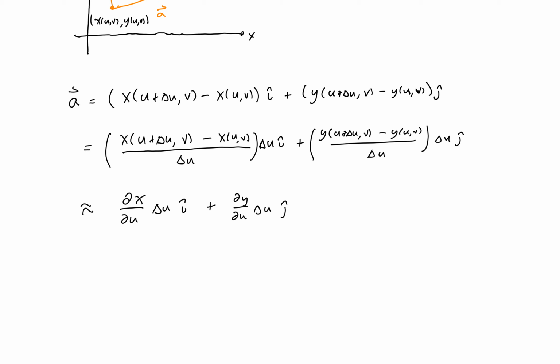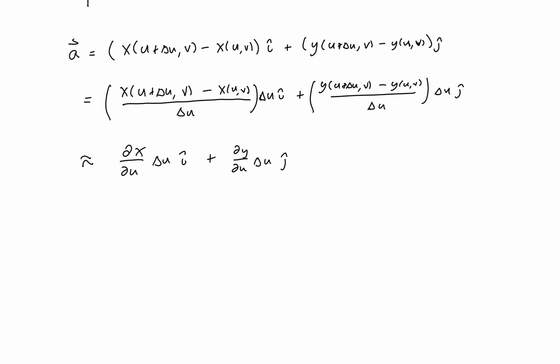That gives us a good approximation for A, and of course, the smaller delta u is, the better this approximation is. We can do the exact same thing for B, and it would be a good idea to go through that process. We get this vector. So those are the vectors spanning my parallelogram Rij.